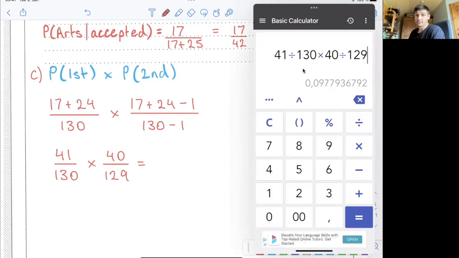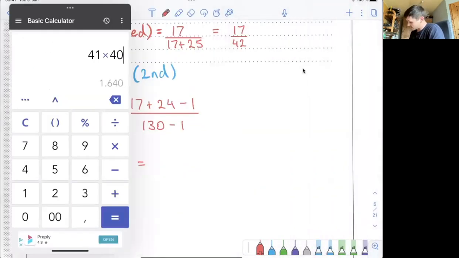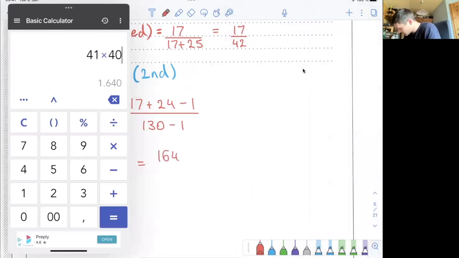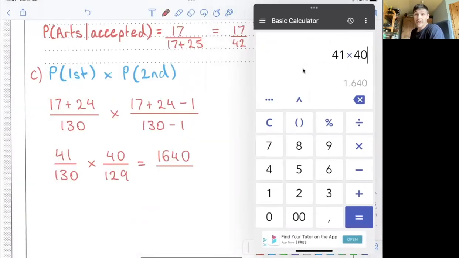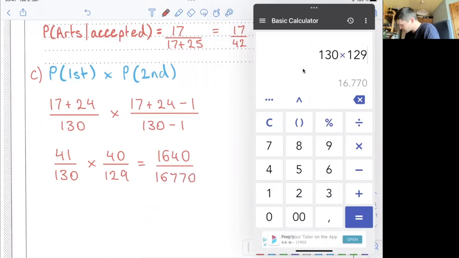So we could put that in and round it to 3 significant figures. I know most of your calculators will probably do this for you, but if you wanted to keep with the idea of leaving fractional answers, they are more accurate. They're exact answers. We could just find the product of our numerators, which is going to be 1,640, and divide that by the product of our denominators, which will be 130 times 129, which gives us 16,770.